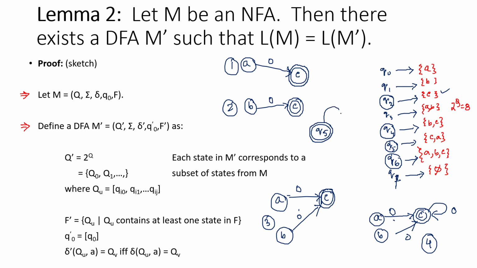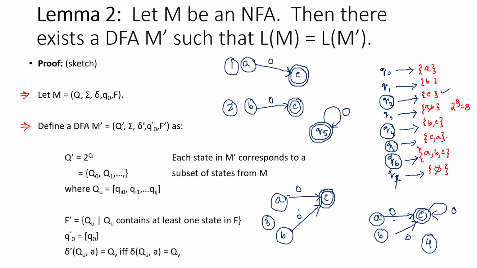I can do a cycle, I mean a self loop within Q5 for some input say 0, if I find that there is a possibility that from C it is going to C, even from A it is going to C. Forget about B right now because we are considering Q5 which is representing CA.